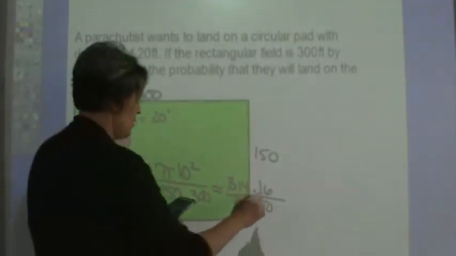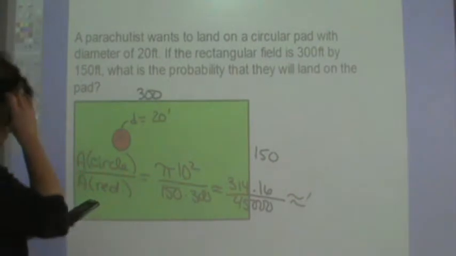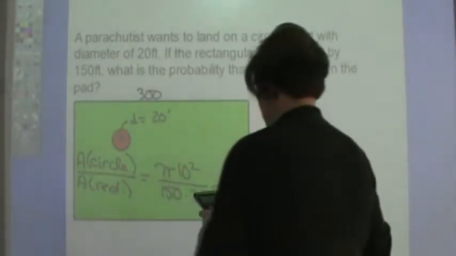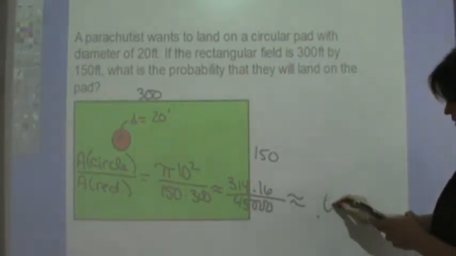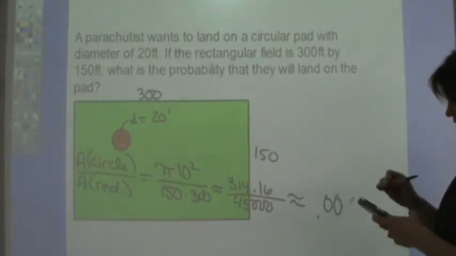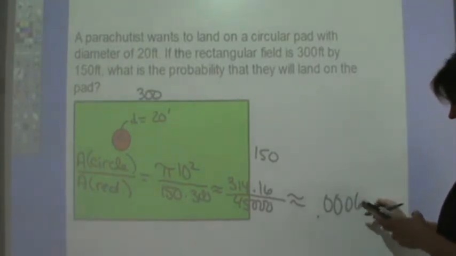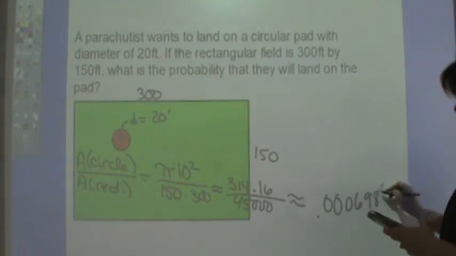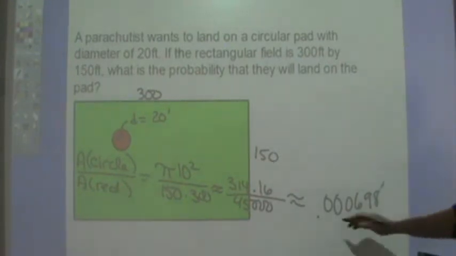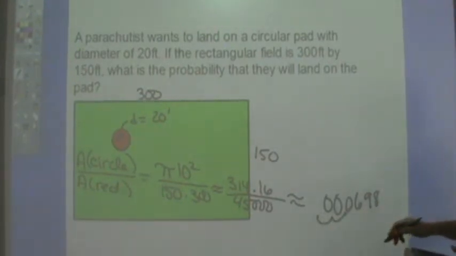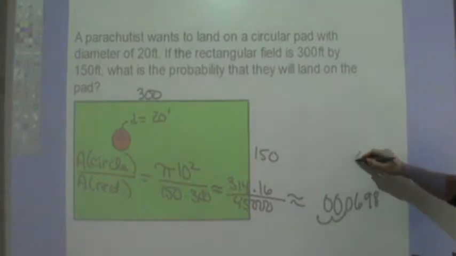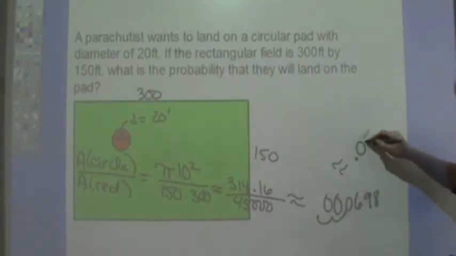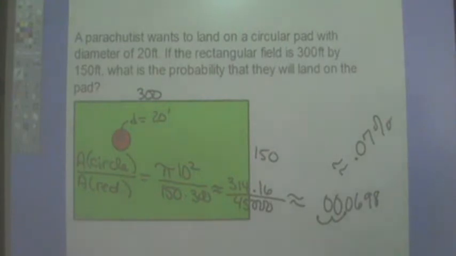It's about 0.00698. So the percent chance would be about 0.07%. So it's not even a 1% chance that they would hit that pad.